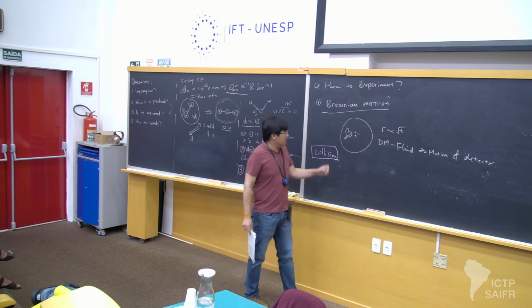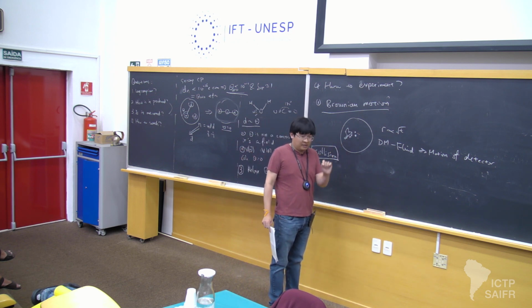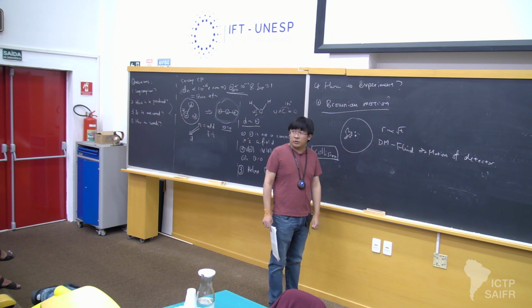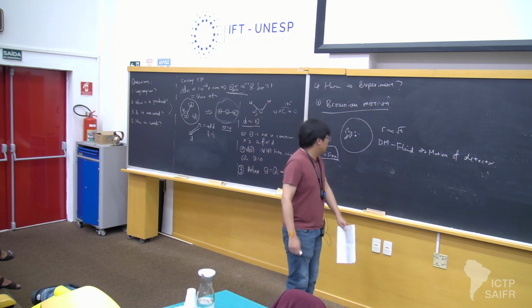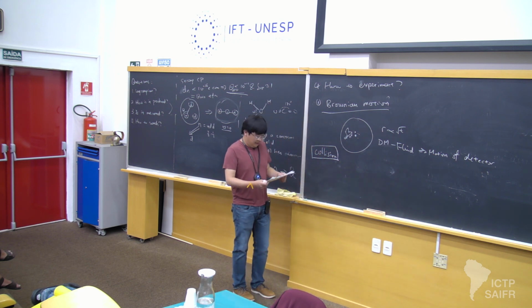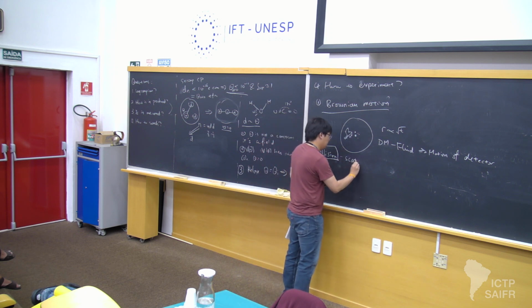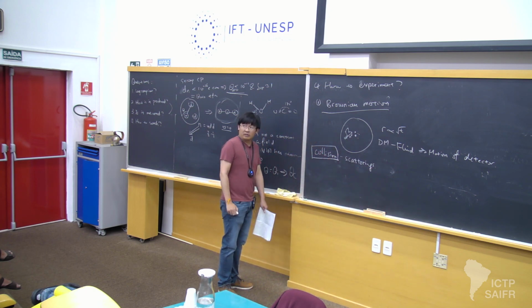So as an experimentalist, you need to find the right thing to put in the dark matter fluid and see how the energy gets deposited from the dark matter fluid to your detector. So that's important. But that's collision, and collision is very important. And scattering is one of the main ways we are trying to look for dark matter. Okay?